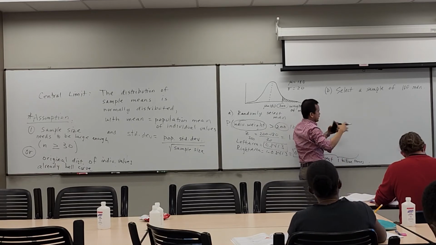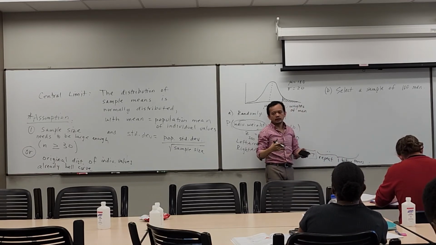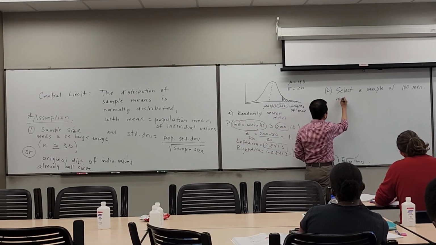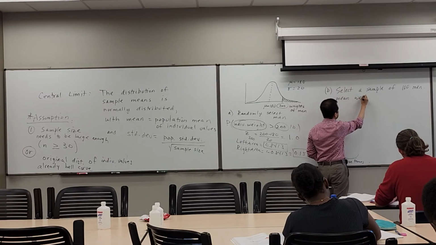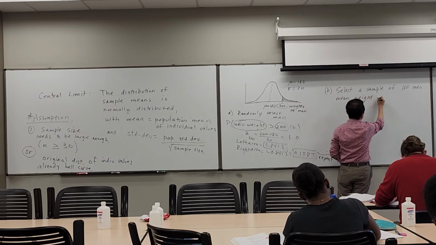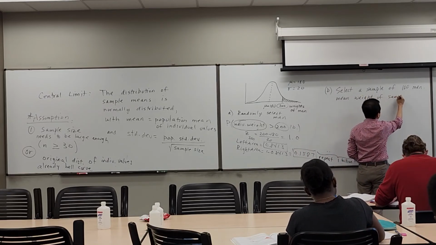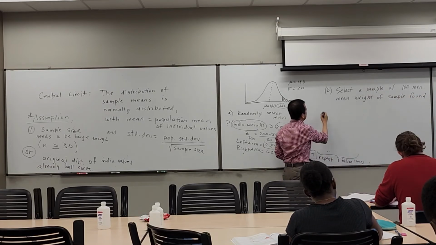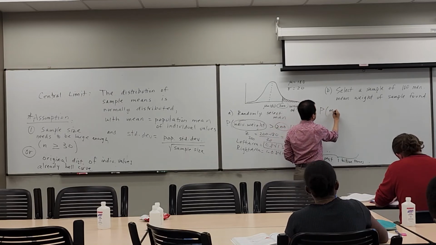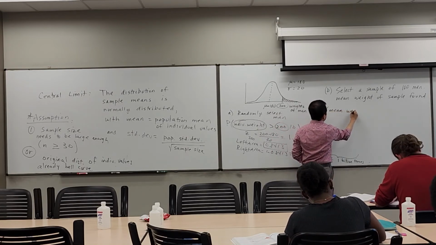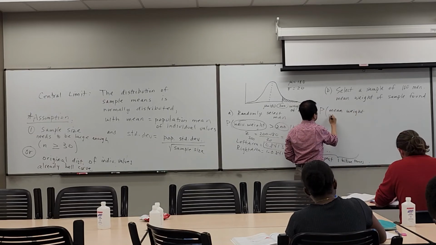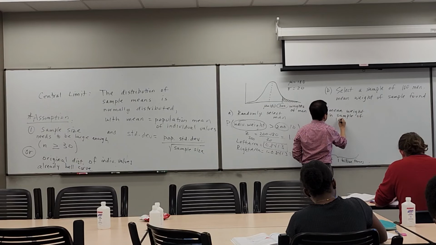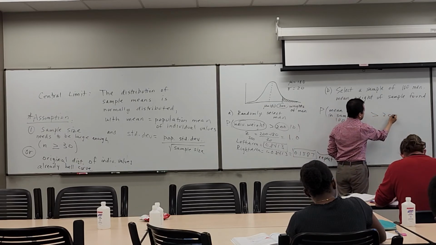So let's say that in that sample of 100 men, you weigh all 100 men, and then you find the average of the 100 men's weights. So mean weight found. So you want to know the probability that that mean weight in the sample of 100 is more than 200 pounds.